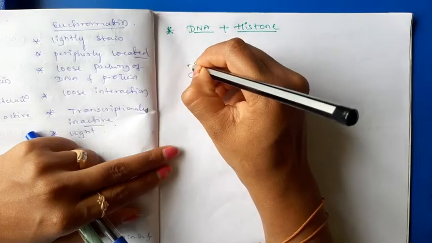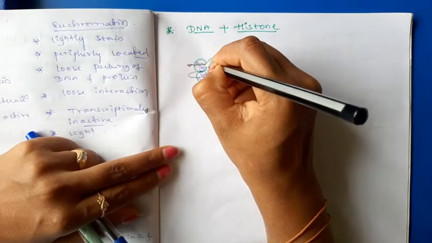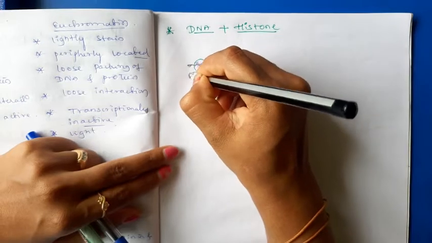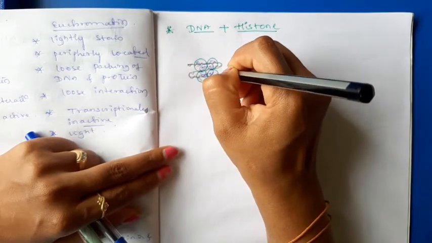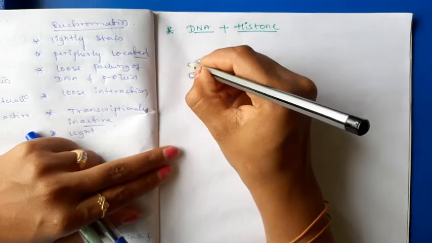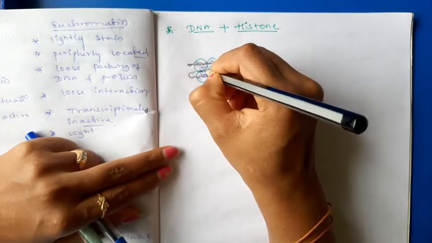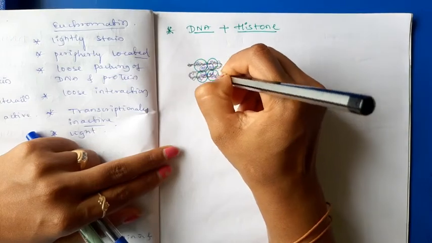It is not exactly like this. Double stranded DNA is coiled around the histone protein to form the structure nucleosome.